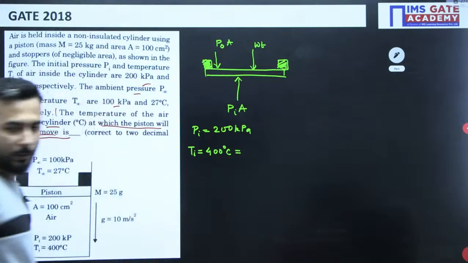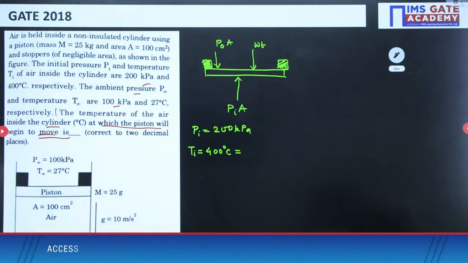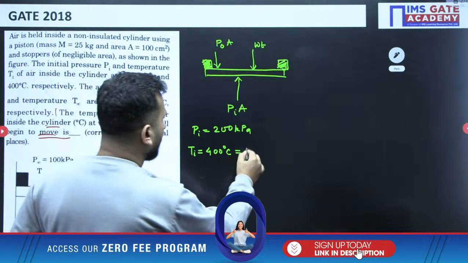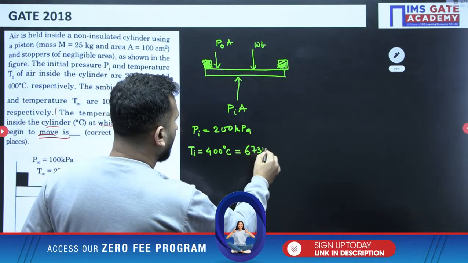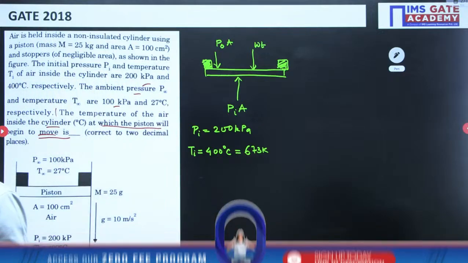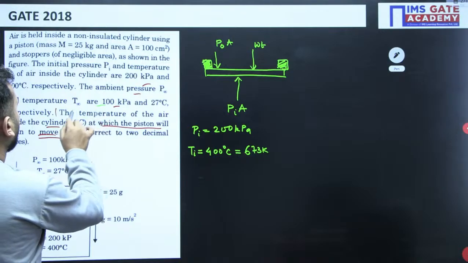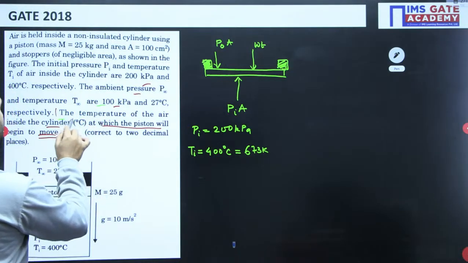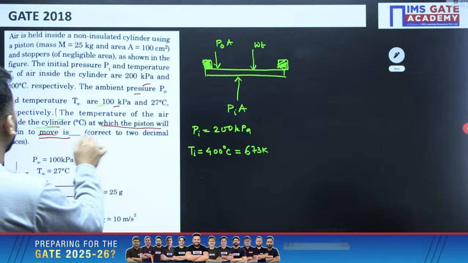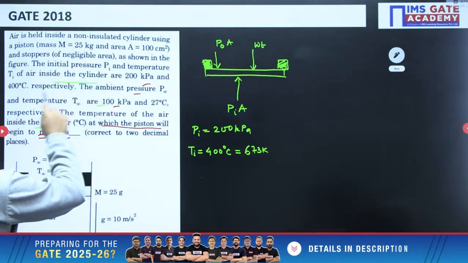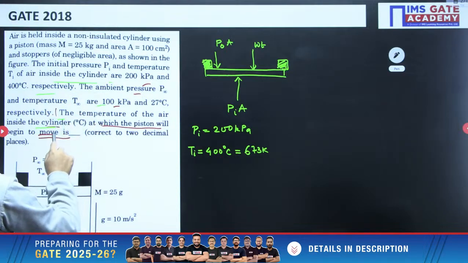If you convert it, it is 673 Kelvin in temperature. Okay, ambient temperature is given. The question is the temperature of the air inside the cylinder at which the piston will begin to move, and the initial pressure inside the cylinder is this and the ambient is this.